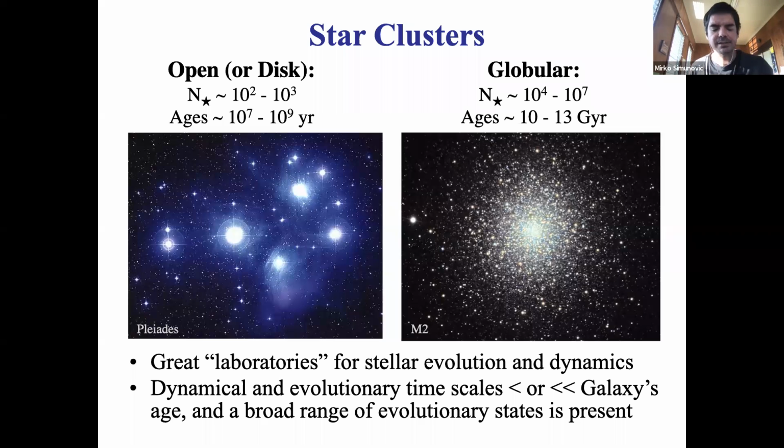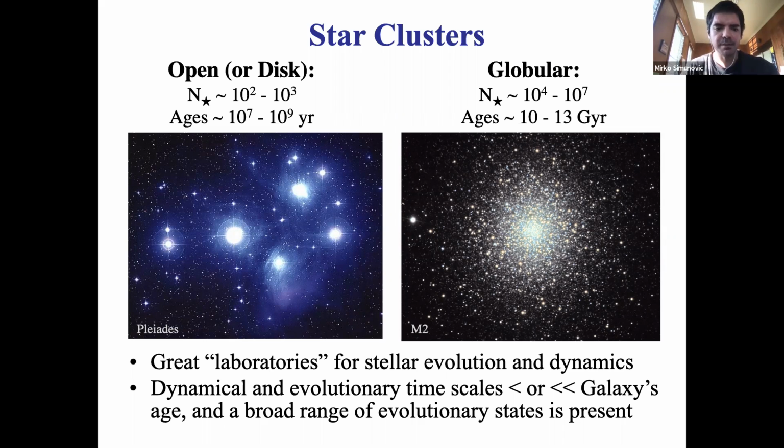And what I mean by that is that because of the physical properties of clusters, the fact that they are all together in the same region of the sky, the fact that they are all born from the same cloud, at the same time, and they evolve therefore in a similar way, allows us to study stellar evolution in a very defined framework. That's why they make such great laboratories.